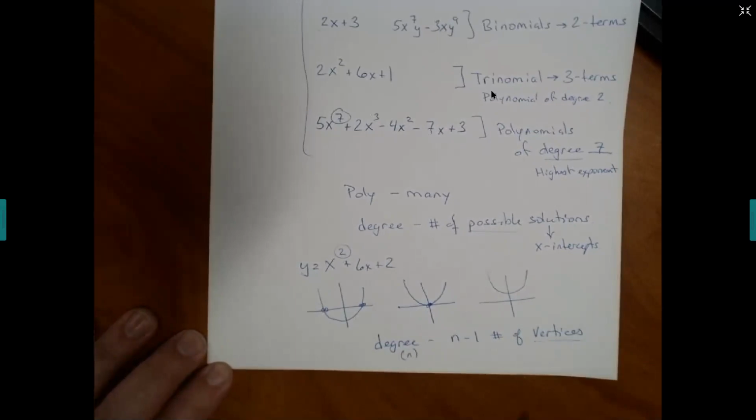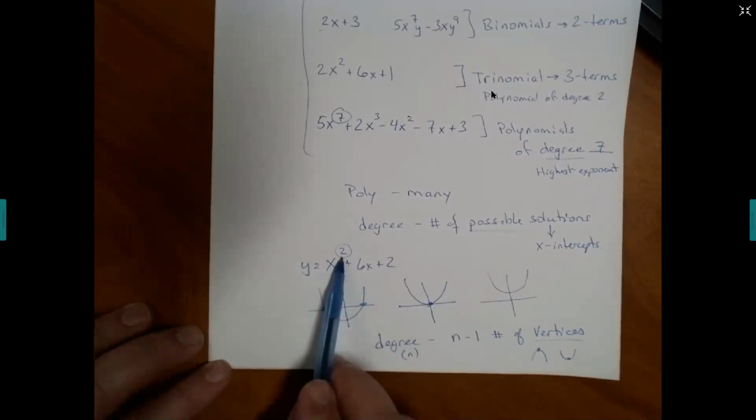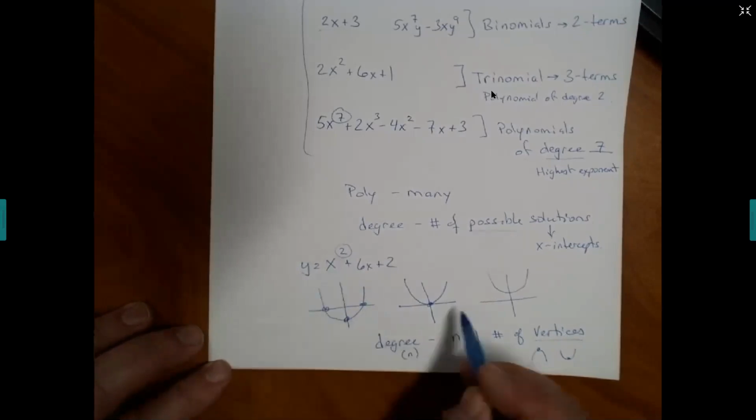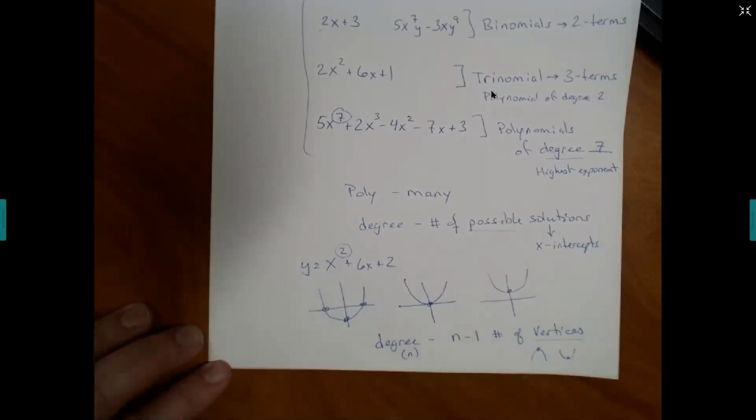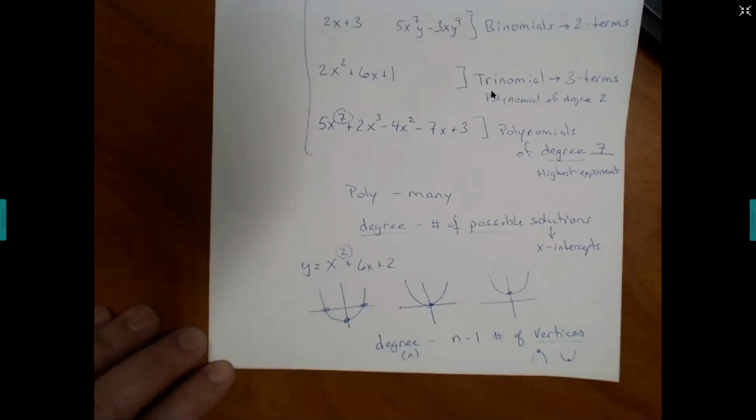Remember, a vertex is the highest or lowest point of a curve. For example, a binomial of degree 2 means we're going to have one vertex. So just by looking at an equation, we'll know the basic shape of it. We'll have at most n number of intercepts and n minus one number of vertices.